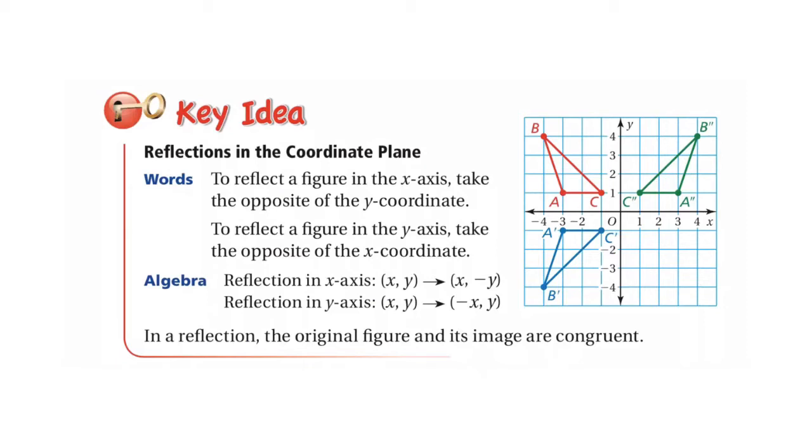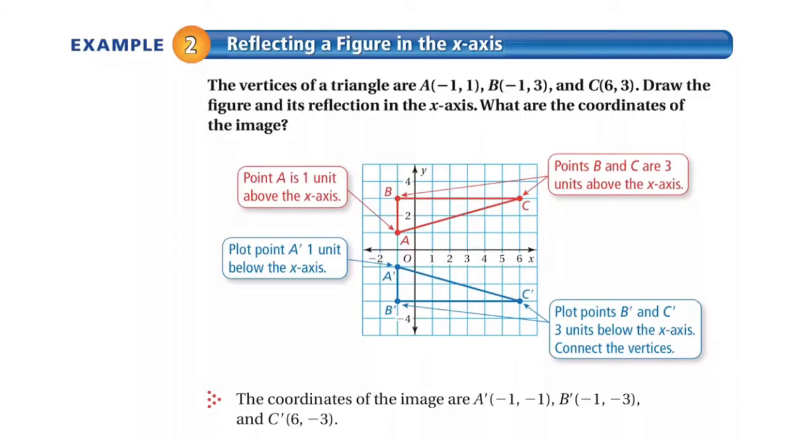In a reflection in the y-axis, the y stays the same, and this time x goes from x to negative x, which just means the opposite of x. In a reflection, the original figure and its image are congruent. They are mirror images of each other, but they are still congruent.